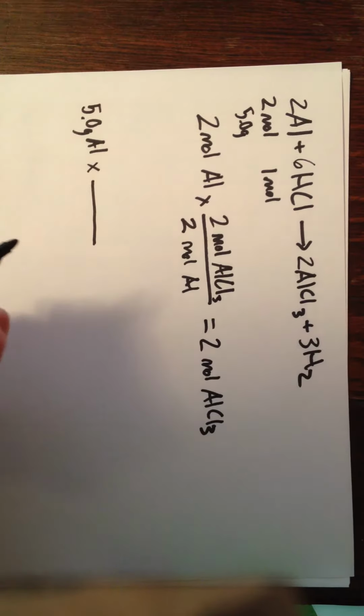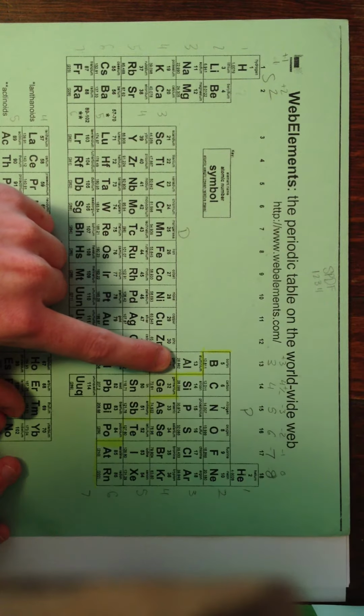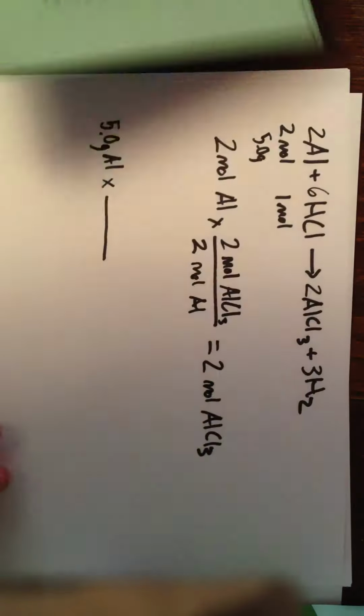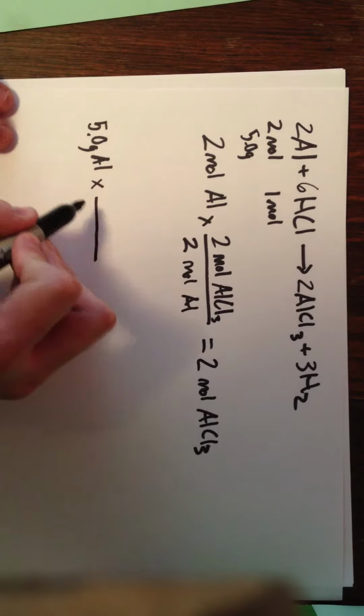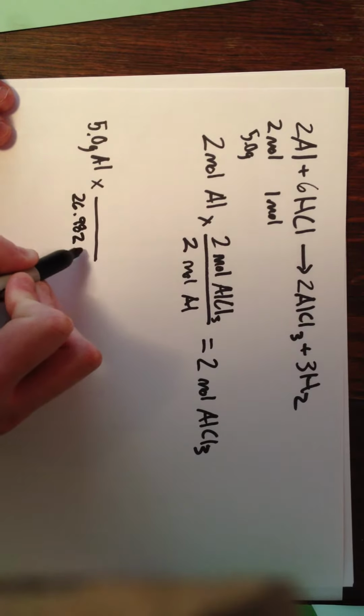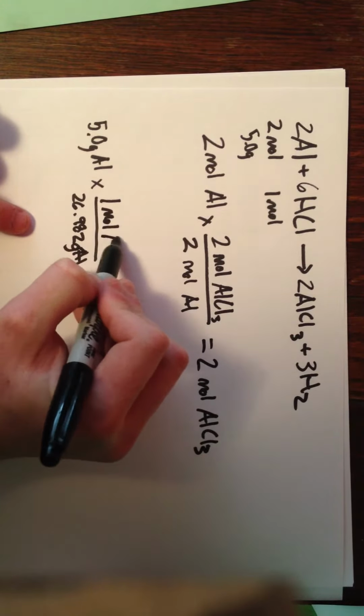So we look on our periodic table, and we see that the grams per mole is 26.982. So we would put 26.982 grams of aluminum down here per 1 mole of aluminum.